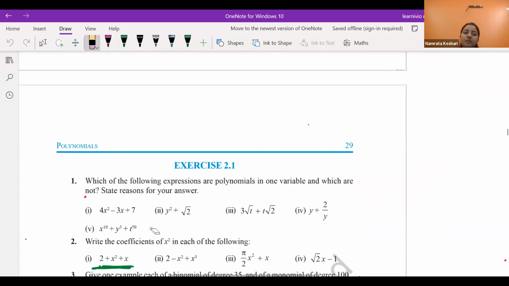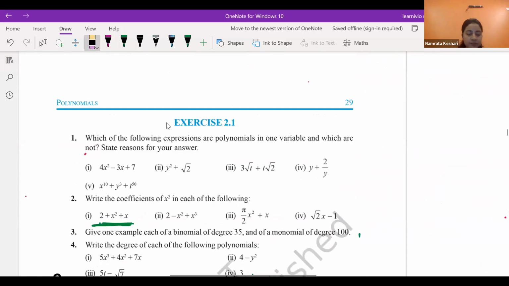The first one, is it readable, Gauri? Yeah, ma'am. Okay, so which of the following expressions are polynomials in one variable?